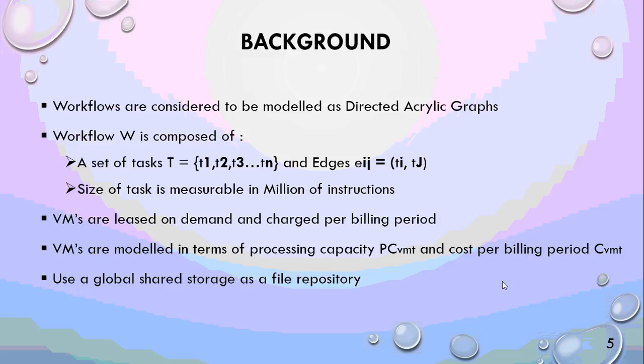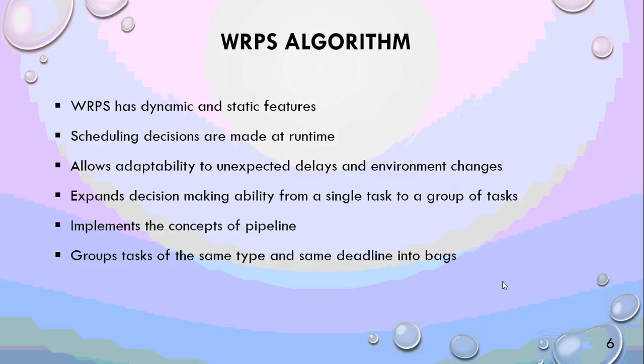And also this WRPS algorithm uses a global shared storage as a file repository. Instead of taking the output from one task and giving it as the input to the next task across the networks, it is easier to use a file repository.